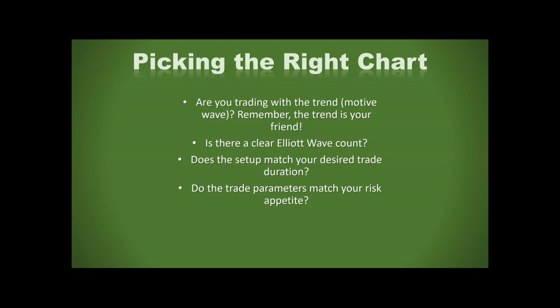So once you understand Elliott wave theory and you can identify when a motive wave should follow next in the pattern, that's the type of pattern that you want to be trading rather than trading a corrective wave. So you don't want to be trading wave 2s or wave 4s. You basically want to be trading, ideally, a third wave, since that's usually the strongest portion of a motive wave.